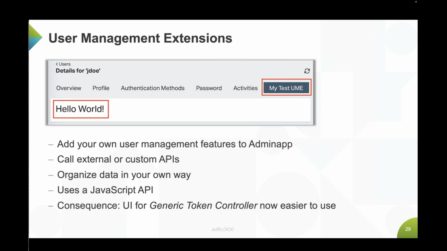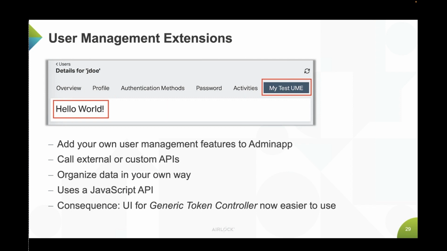In the past, we had the possibility to configure what we call the generic token controller, which allowed you, for example, to bring your own authentication token into the user management of the Adminapp. And this is still possible. You can still configure it. You still get the REST API that is generated from it. That's still the same.